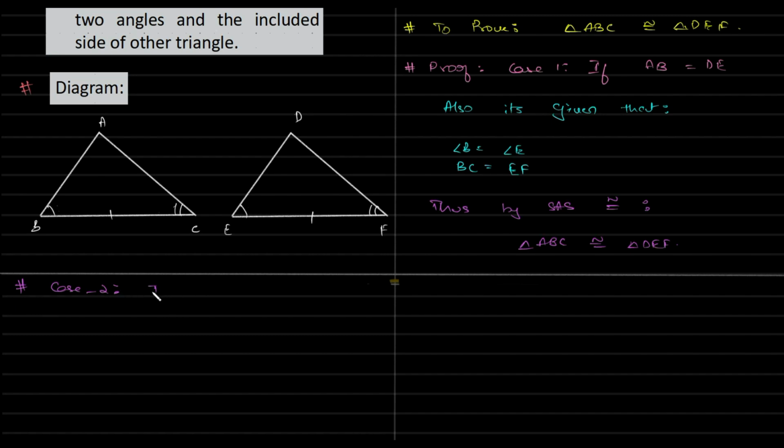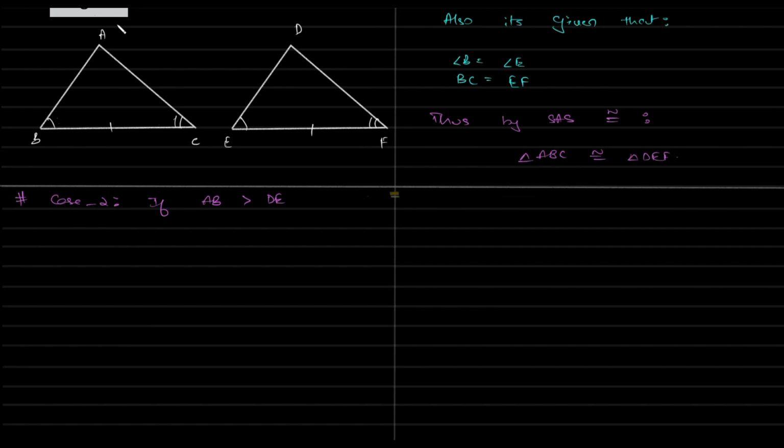Then the case is if AB is greater than DE. I'll explain it this way. You might have to end up drawing one more diagram if you have time. So copy paste itself.